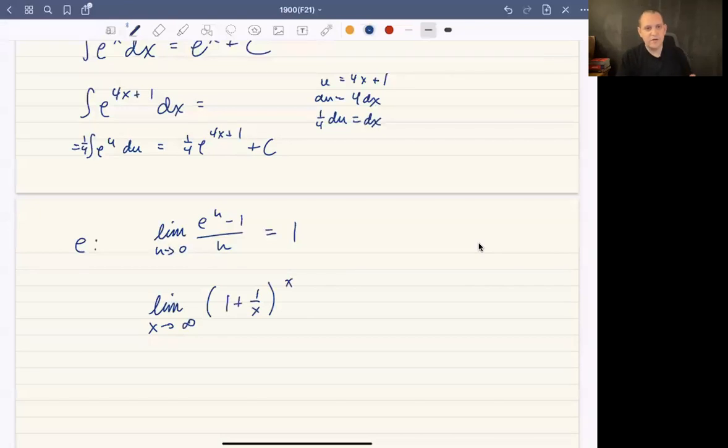Now, there's a few different intuitive ways to think about this limit. As x goes to infinity, 1 plus 1 over x goes to 1, and 1 to the anything is 1. So I think intuitively it makes good sense to think of this limit as 1. On the other hand, 1 plus 1 over x is a little bit bigger than 1.